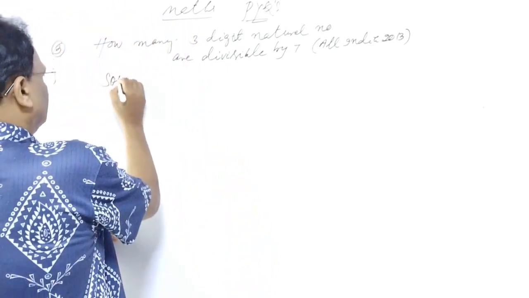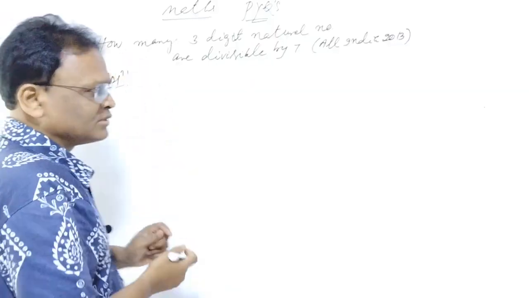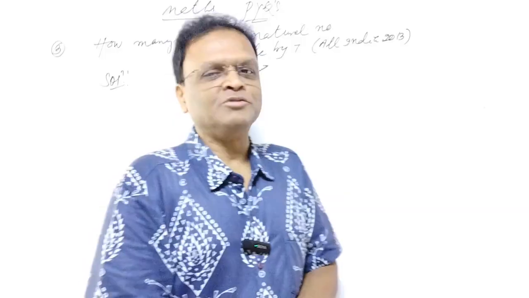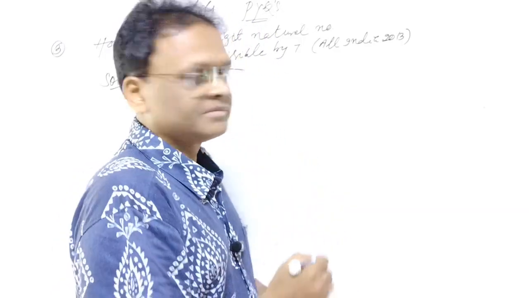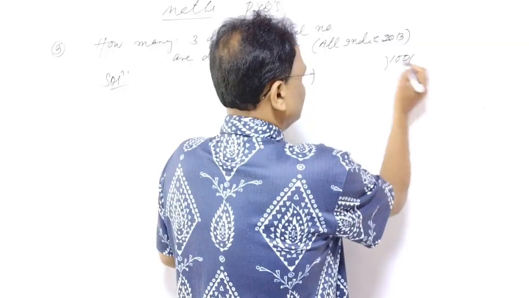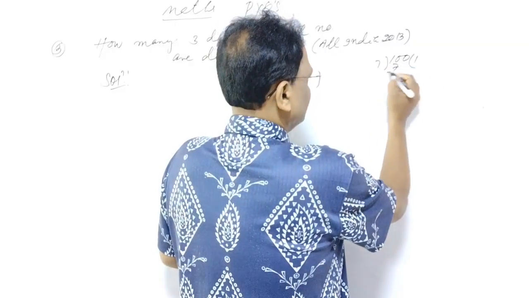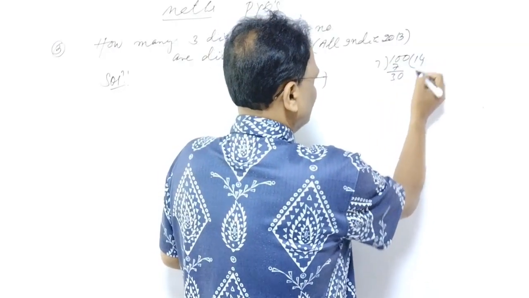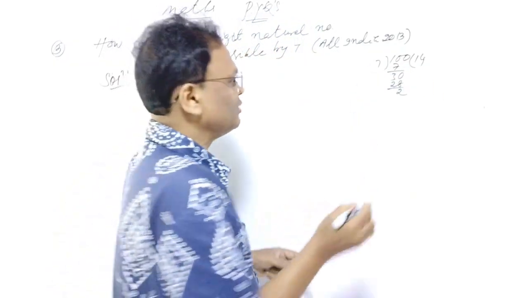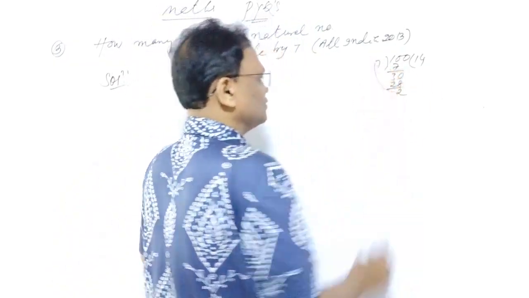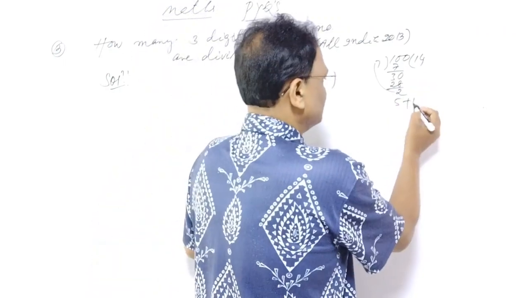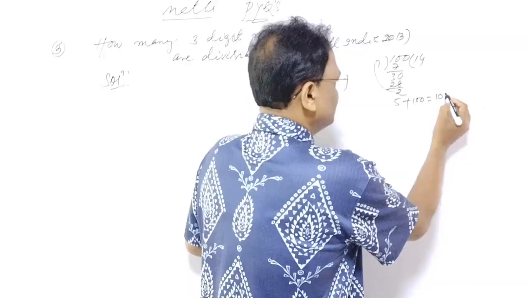Now, 3-digit natural numbers start from 100. So which is the first 3-digit natural number which is divisible by 7? If I start, 7 ones are 7, 7 fours are 28, and so on. How to find the first number? Just do the subtraction: 7 minus 2 is 5, add this to get the number.